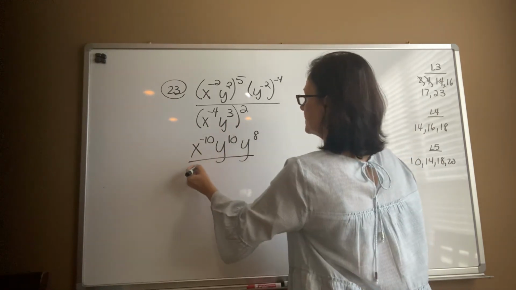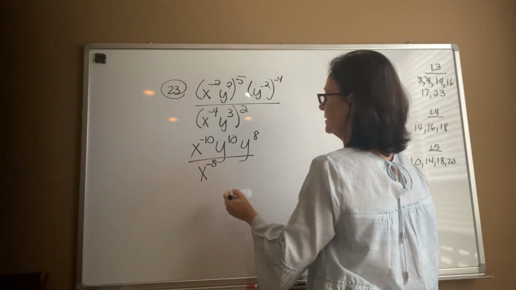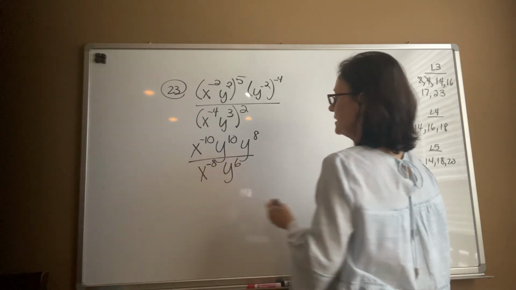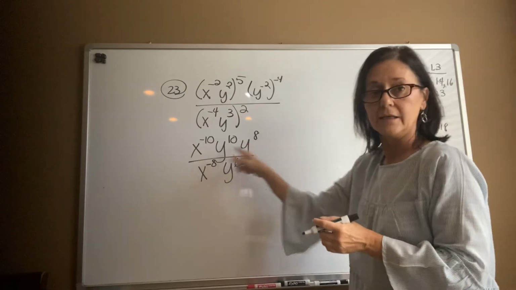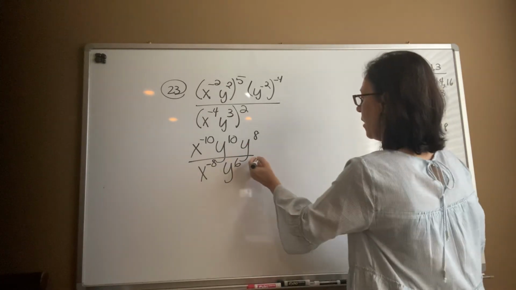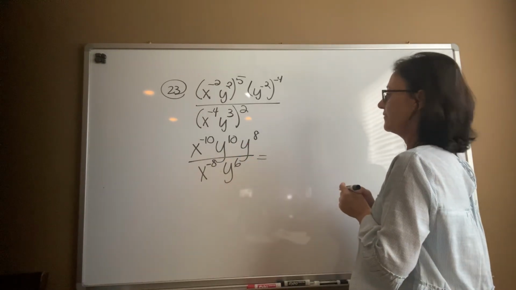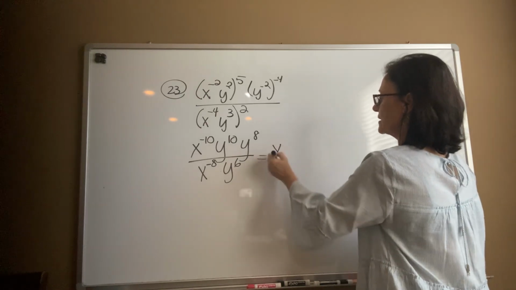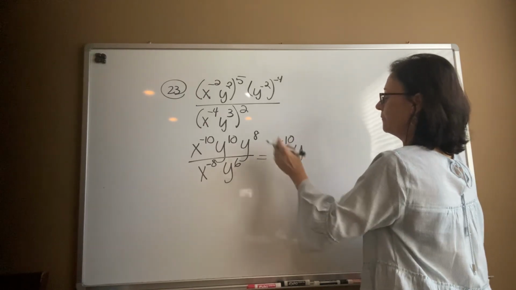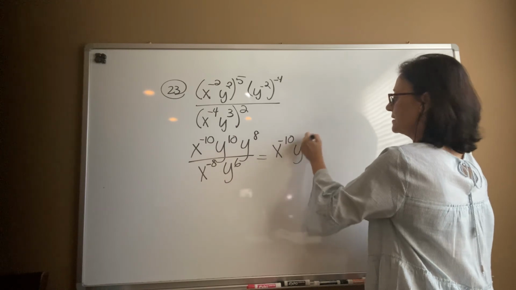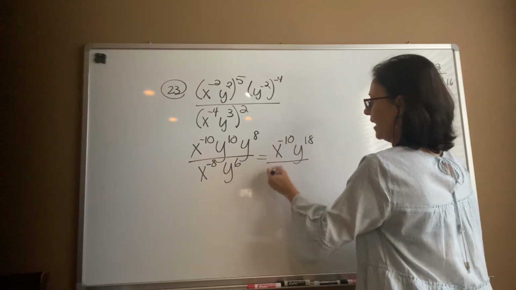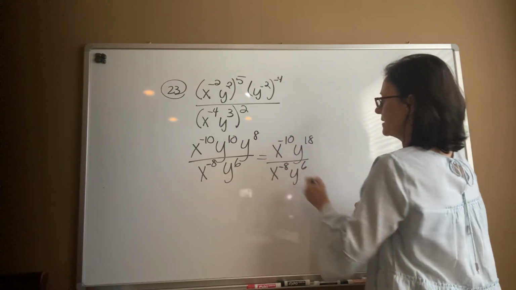Negative 4 times negative 2, negative 8. 3 times 2, 6. Now I'll combine my y terms, their variables, in the numerator. So that's x to the negative 10th. Remember, multiplication is addition, y to the 18th over x to the negative 8, y to the 6th.